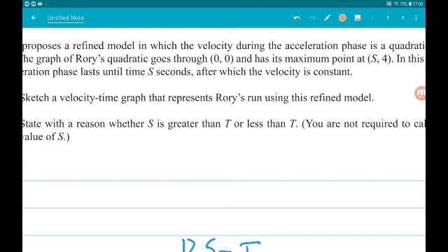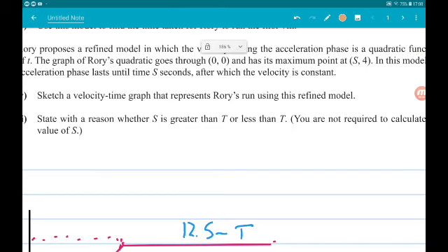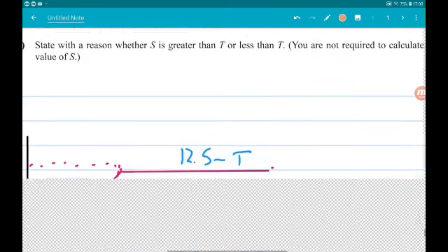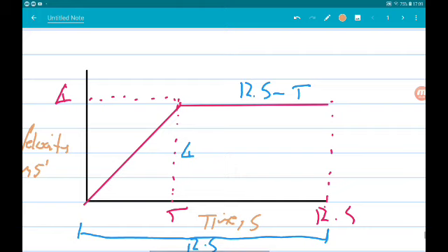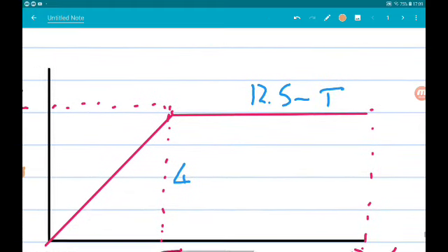Okay, then part 6 wants us to state with a reason whether s is greater than t or less than t. You are not required to calculate the value of s. Okay, so this comes down really to the fact that the area under the graph has to be 45. So let's think about it.